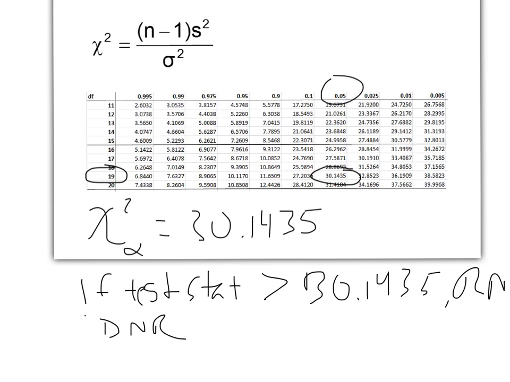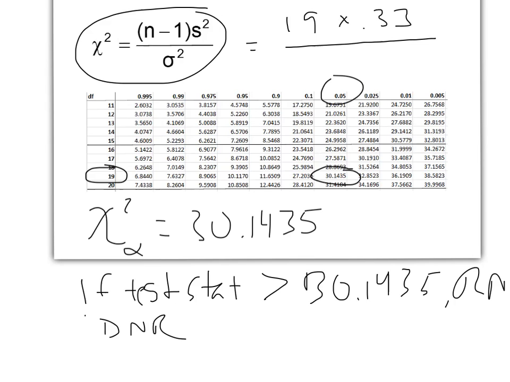To calculate our test statistic value, we are going to use this equation here. Now here we have a little bit of another mismatch. We have to remember which numbers we're working with. N minus 1, that's easy, that's 19. S squared was given in the problem. Our variance is 0.33 over, and now which do we use, 0.5 or 0.25?